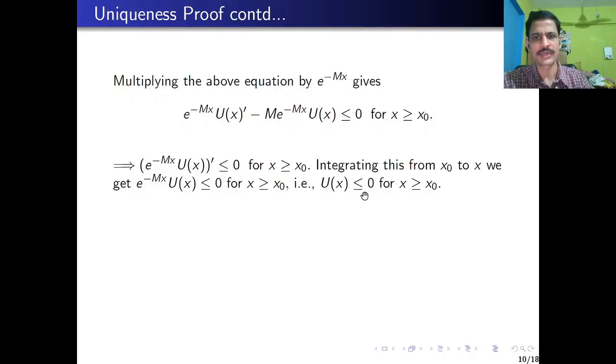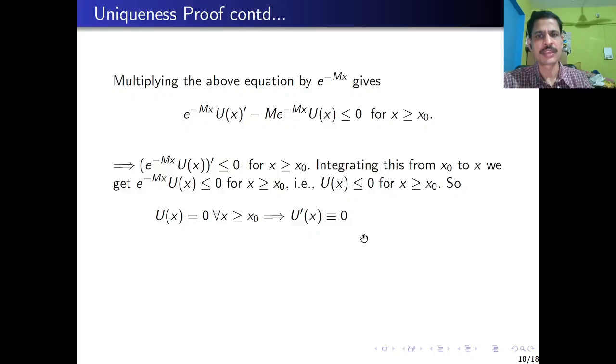So the conclusion is that ux is equal to 0 for all x greater than or equal to x naught. So for all x greater than or equal to x naught, ux is constant 0. For a constant function, the derivative is also 0 over this domain x greater than or equal to x naught.